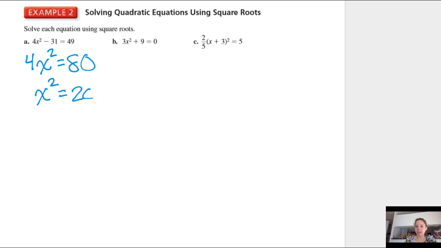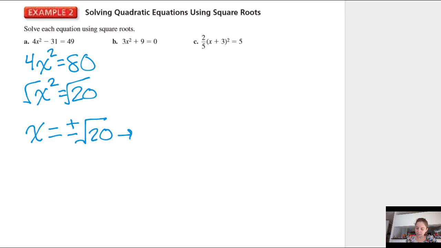At this point, I can take the square root of both sides, which leaves me with x equals. Now the square root of 20, because I'm the one that's adding that square root, I have to take into account both the positive and negative value of the square root of 20. And 20 isn't a perfect square. So the best I can do is simplify this radical.